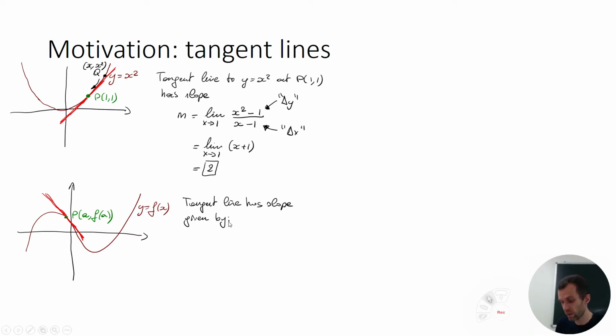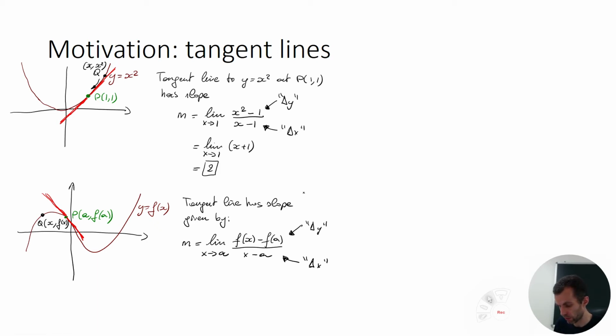So we do exactly the same thing. We take the limit, and now we take another point Q with coordinates x, f of x. So we take the difference of the y values, f of x minus f of a, divided by the difference of the x values, x minus a, and we let x go to a. So again, this here is delta y, the difference of the y values, and this is delta x, the difference of the x values.